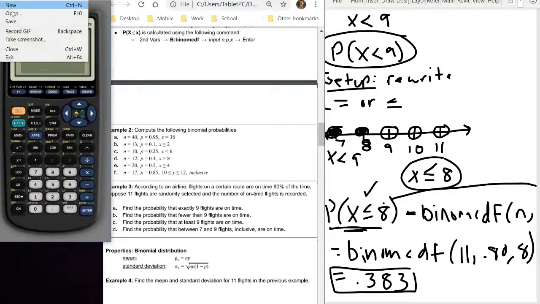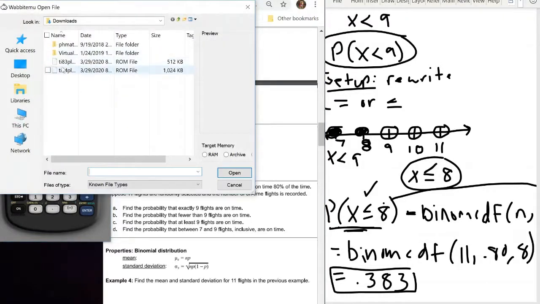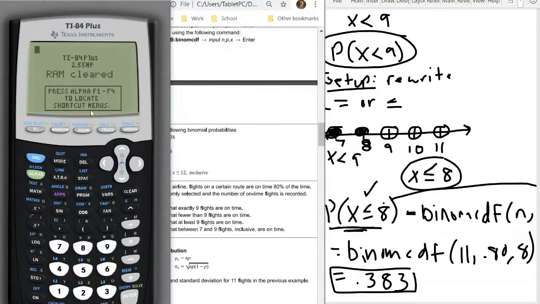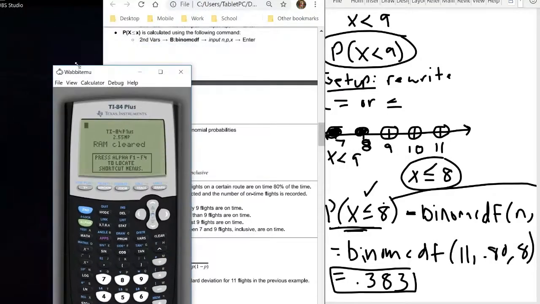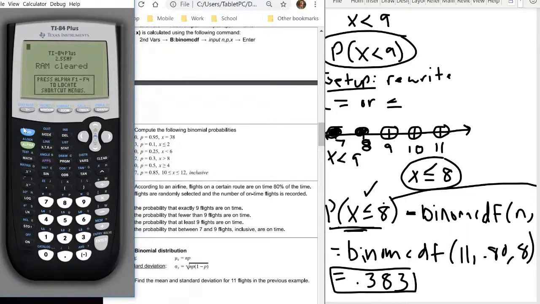And the same goes for the TI 84. If you're dealing with the 84, let's take a quick look. So with the TI 84 this time, you'll go to the second bars again, and you want to look for binom CDF. Binom CDF is used for the less than or equal to symbol. This time the number of trials. Probability of success.